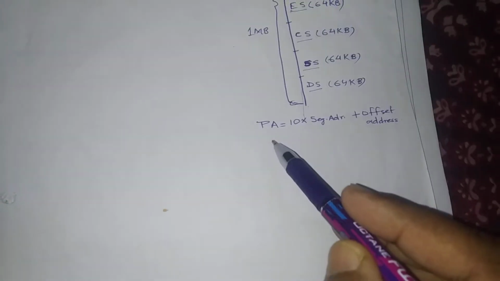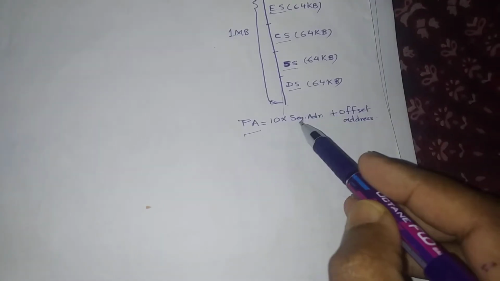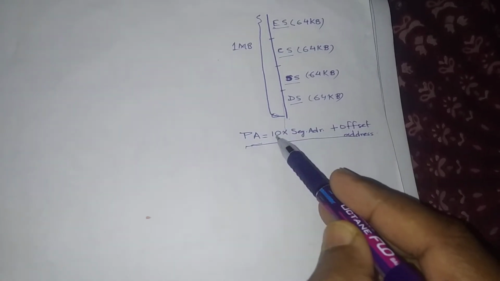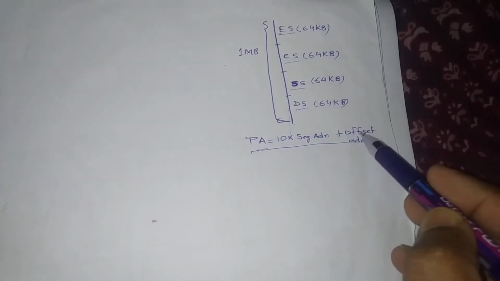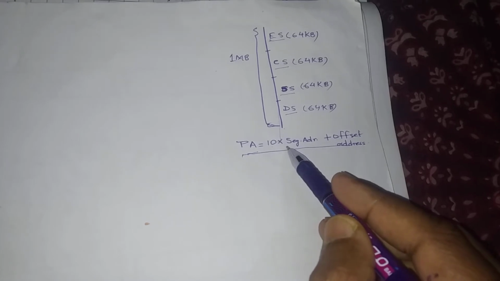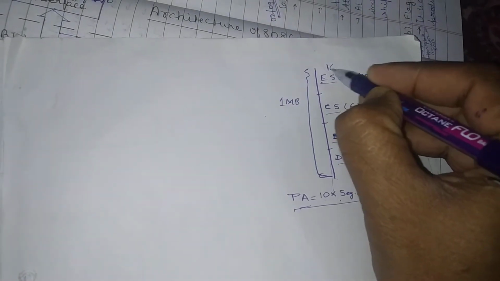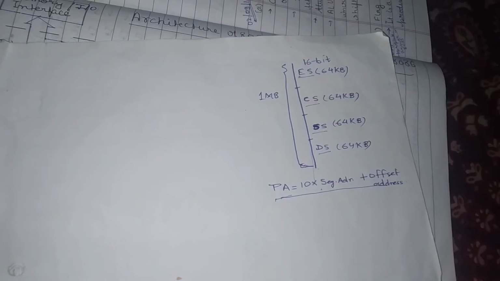The complete physical address can be calculated using this expression: 10 into segment address plus offset address. Why is it needed? As we know, each segment register has a size of 16 bits.